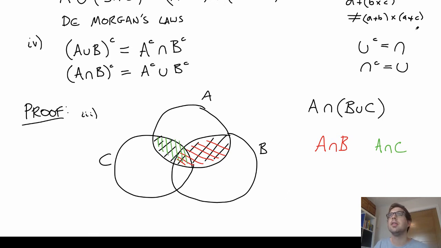So if I combine A and B with A and C, I'm just going to end up with the same thing as A and B or C. So we could do that for each of the cases up here, and we'd end up with the correct set operations for each case.